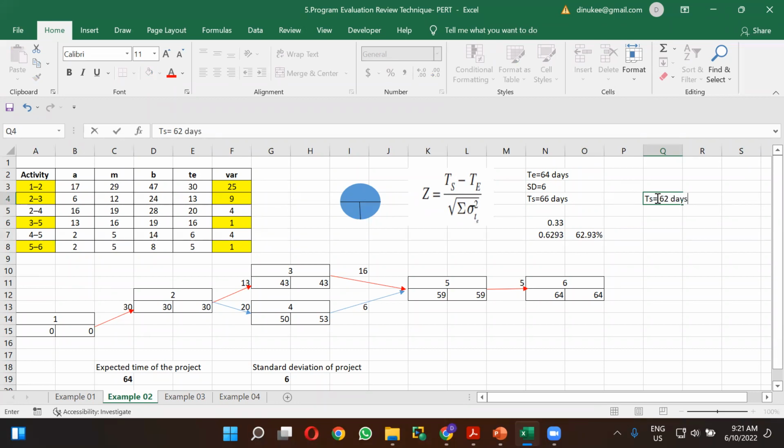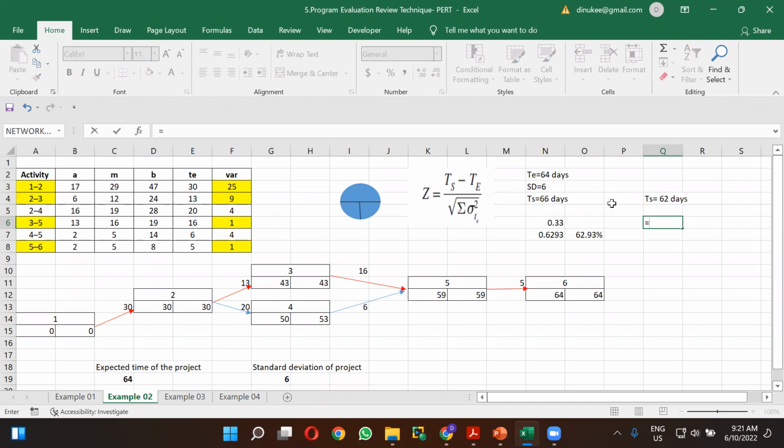Calculate and tell me. You have to first calculate the Z value, and after getting the Z value, you have to see from the table. After seeing from the table, you get a value, and that value can be converted into the percentage. Right?